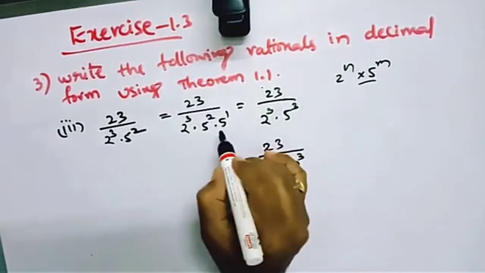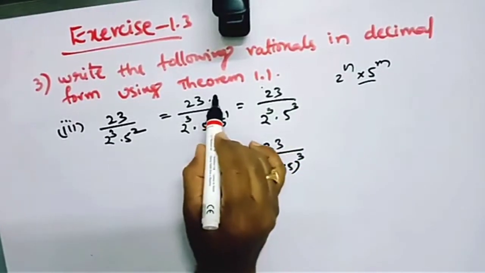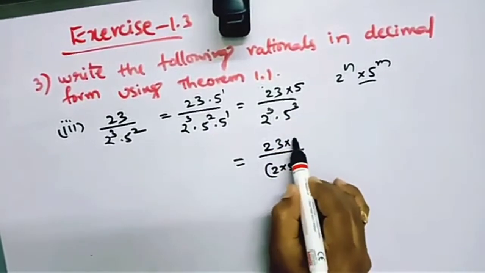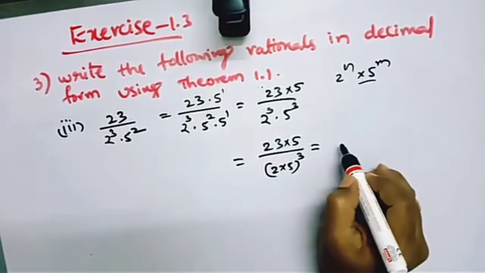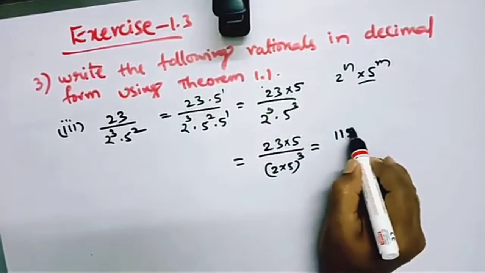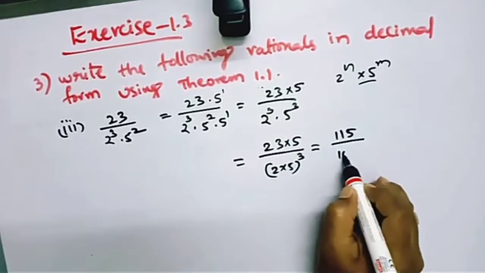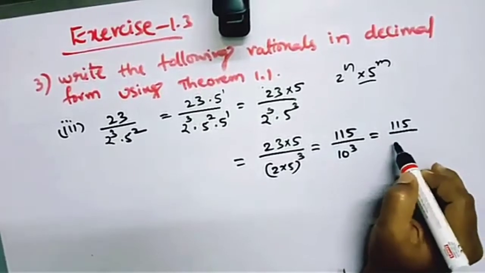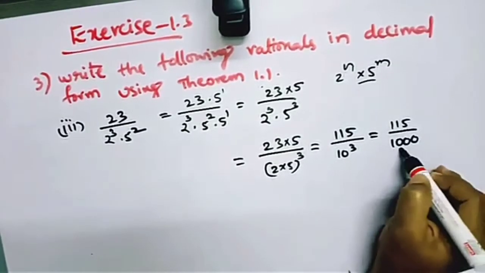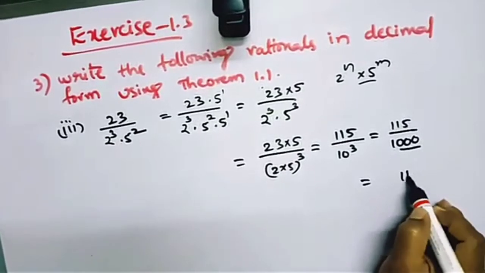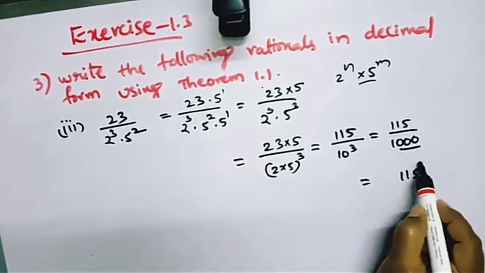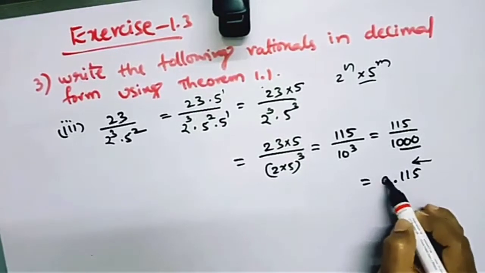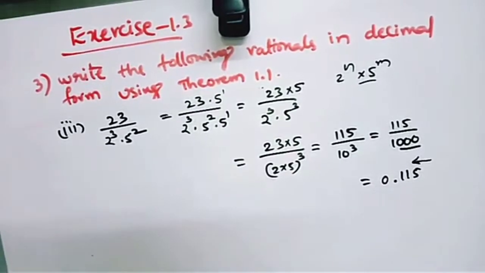Here we multiply with 5 power 1, so you should multiply the numerator with 5. That is 23 into 5, which is 115. That is 2 times 5 is 10 power cube, so you will get 115 by 1000, 3 zeros. So you should move the point after 3 decimal places, 1, 2, 3, then keep the point: 0.115.